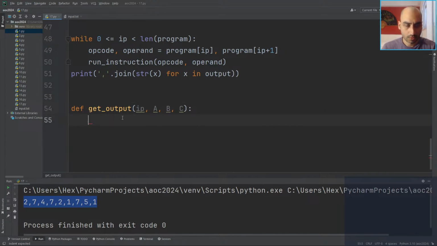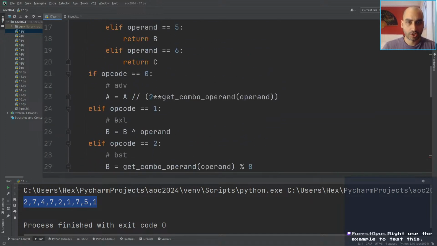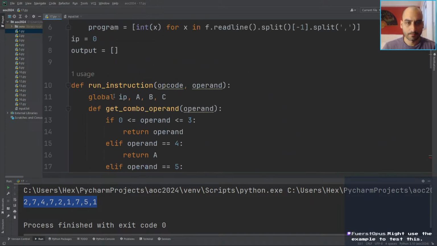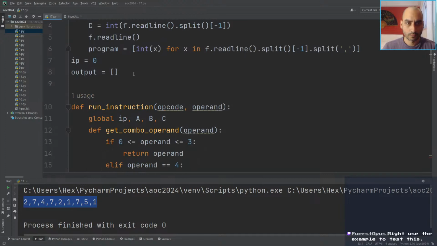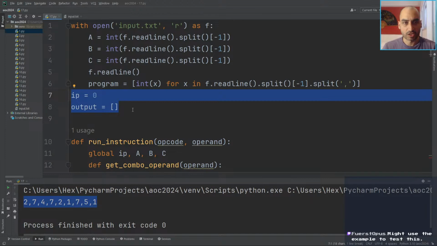So reinitialize these, I suppose. All right, just reinitialize everything.